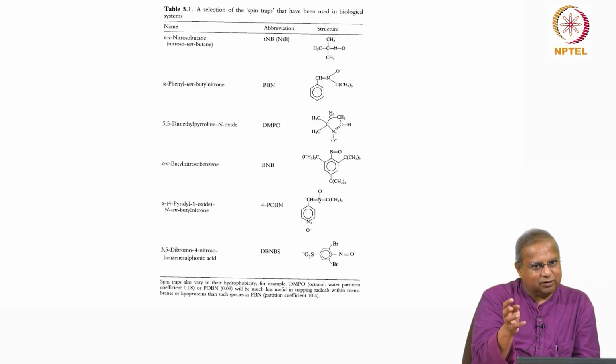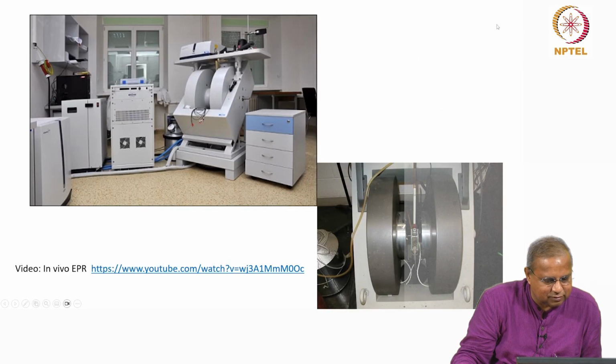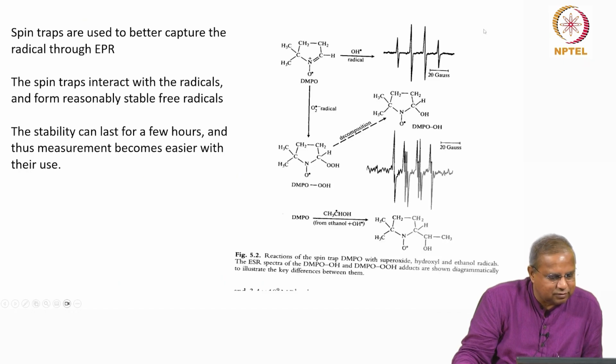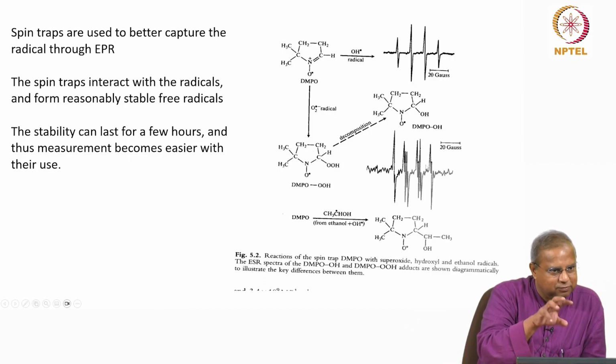Then it will react specifically with the hydroxyl radicals and produce a species such as this, or a species such as this with superoxide and so on. So this is what the EPR will catch. The corresponding spectrum for this is something like this, although it is specific for hydroxyl.